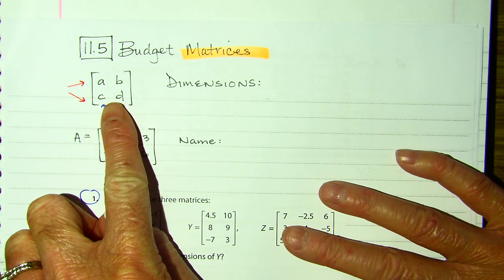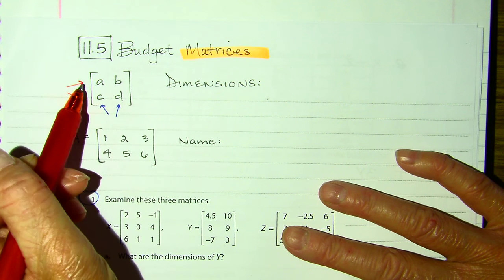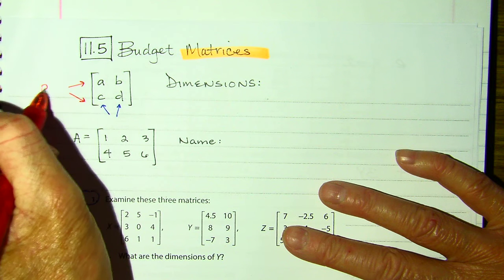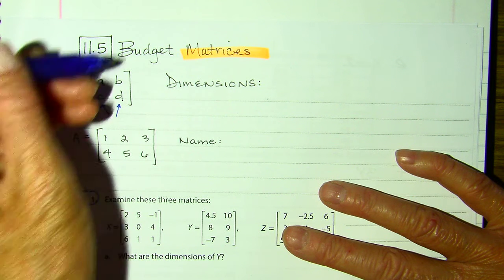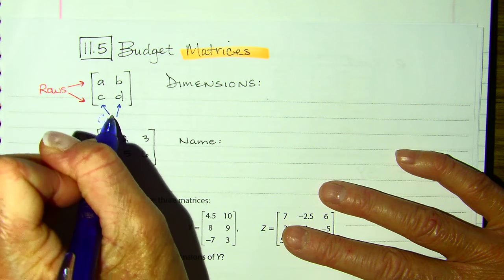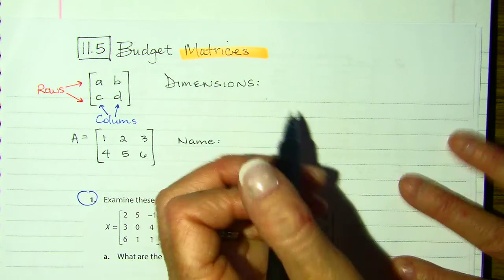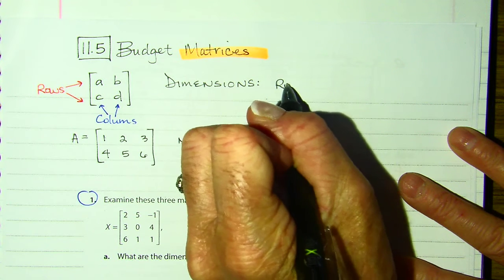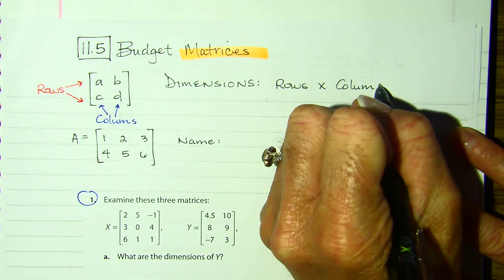It's a way to organize data, and I am going to label, when you look at things left to right, these are the rows. If we're looking at top to down, those are called columns. Now, when we name a matrix, we list rows by columns.